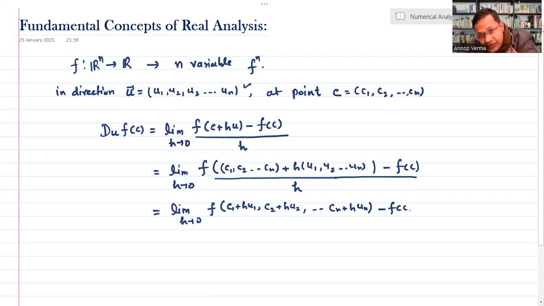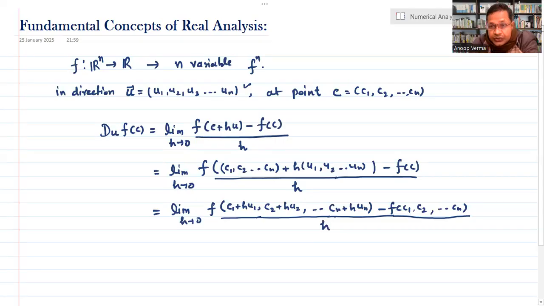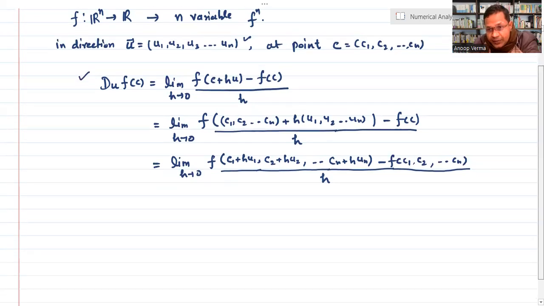You are finding the value of the function at this point, and dividing. In this manner, we calculate the derivative in the direction u at the point c.